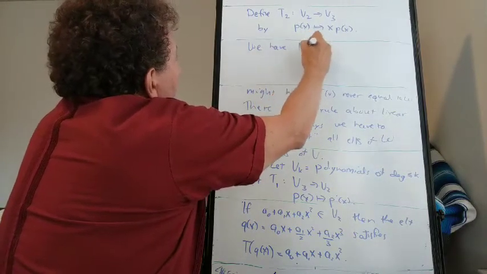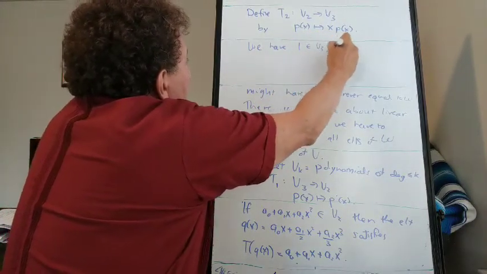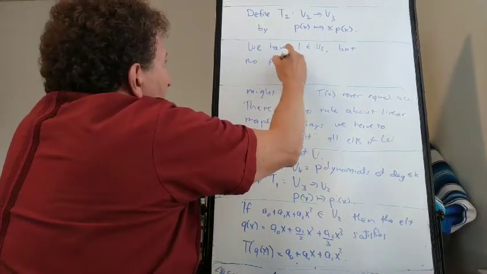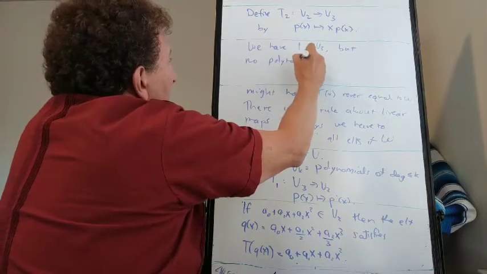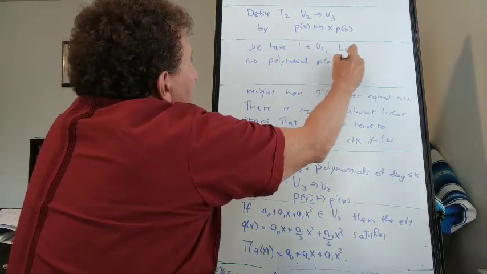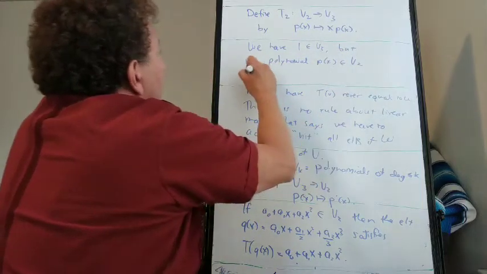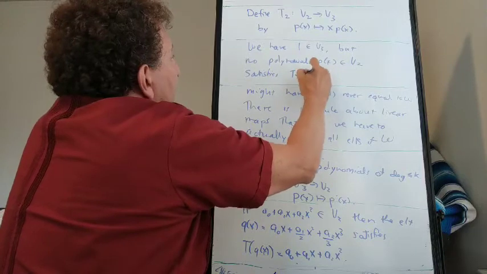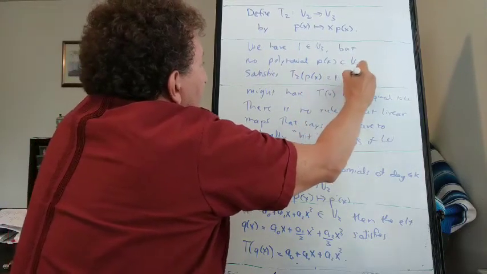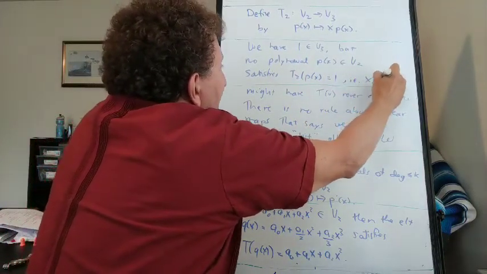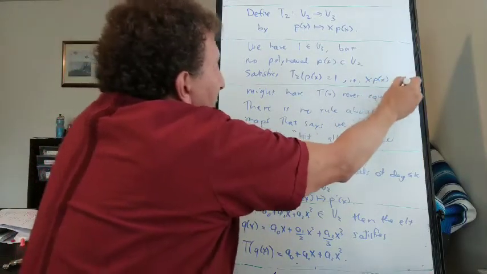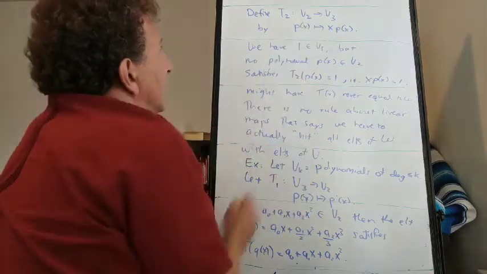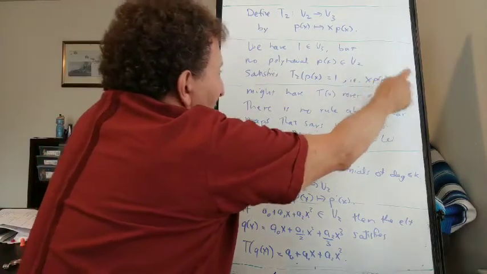Now we have the one polynomial in V3, but no polynomial p of x in V2 satisfies T2 of p of x equals 1, i.e. x times p of x equals 1. p of x would have to be 1 over x, but 1 over x is not a polynomial. There's no polynomial of degree less than or equal to 2 such that x times the polynomial equals 1.